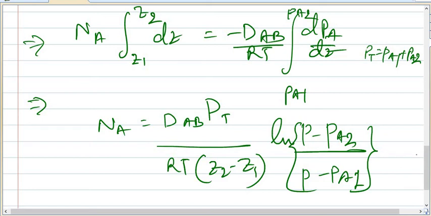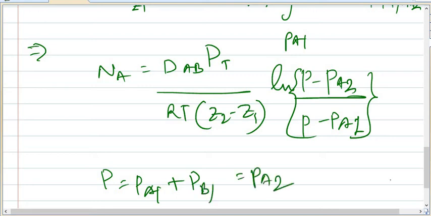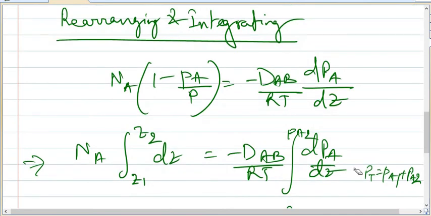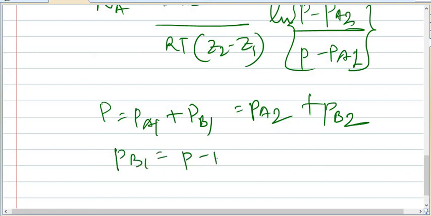As we told earlier, P is PA1 plus PB1, or PA2 plus PB2. So now we can write PB1 is equal to P minus PA1 and PB2 is equal to P minus PA2.